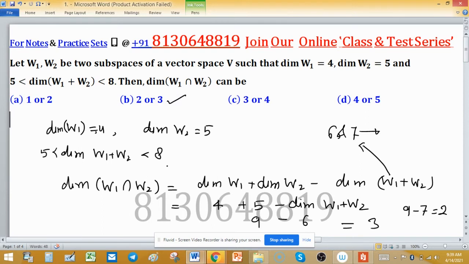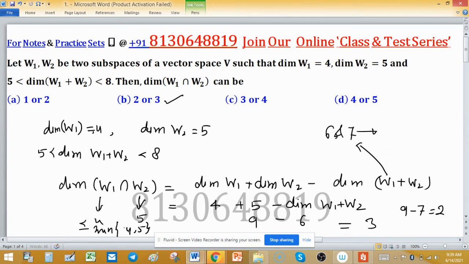Normally we know that because the dimension of W1 is 4 and the dimension of W2 is 5, the dimension of the intersection always lies below or equal to the min value of 4 and 5.